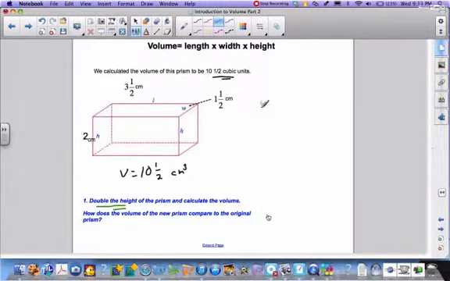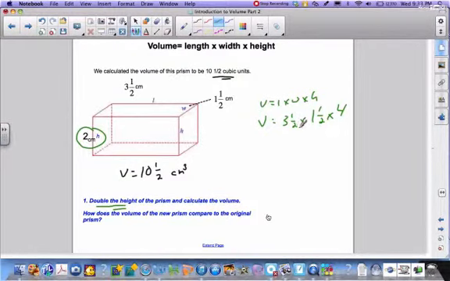So I'm going to write my formula. Length times width times height. And the length is 3.5 centimeters. The width is still 1.5. But now I'm going to double the height. The height was 2, and I'm going to double it to 4 and see what happens.